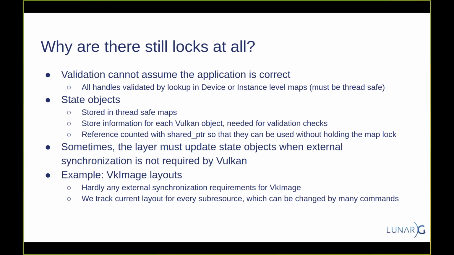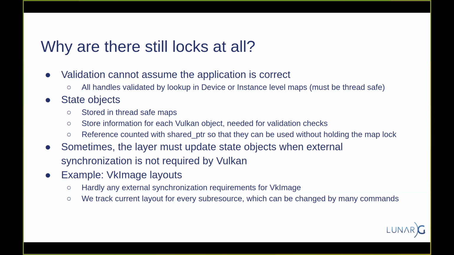And so I've gotten some questions talking with various people, both inside and outside LunarG, on why do we have locks in the validation layer at all? And I mean, the main reason is we can't assume that the application is correct. We have to validate all the handles that are coming in from the application, and we do that with these thread safe maps that look up the handle and ensure it's valid.